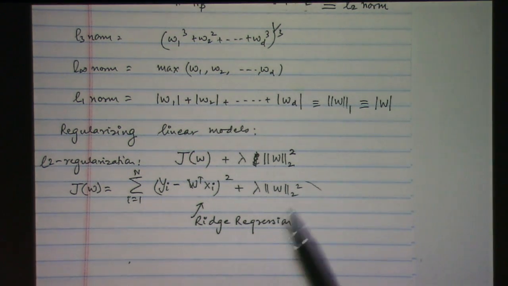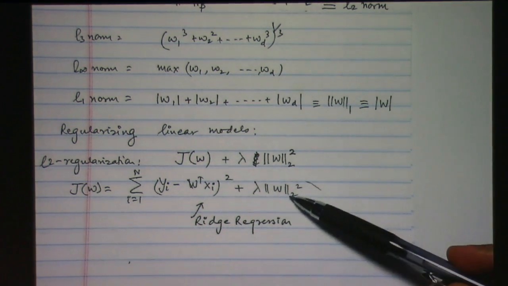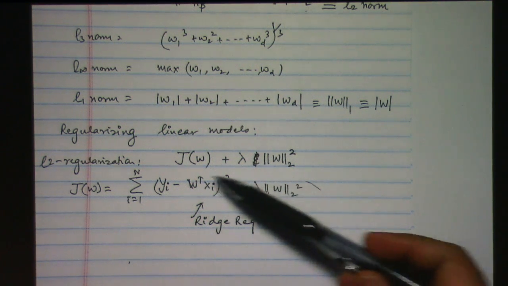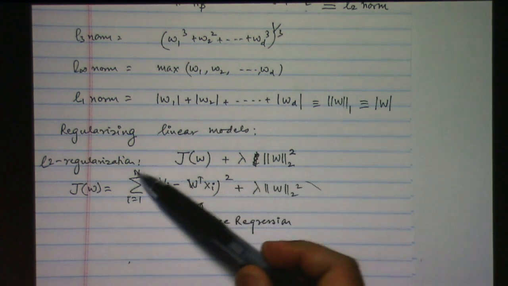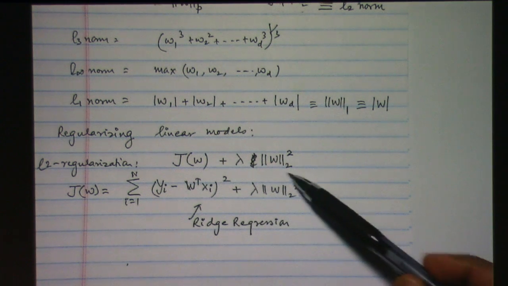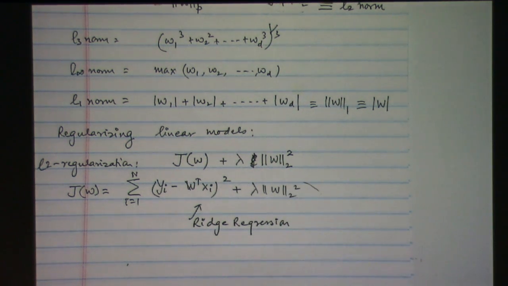If there is a solution which gives very small error but the magnitude of w is high, then it won't prefer that. It will prefer a simpler solution, which connects to the squiggly lines that we saw.